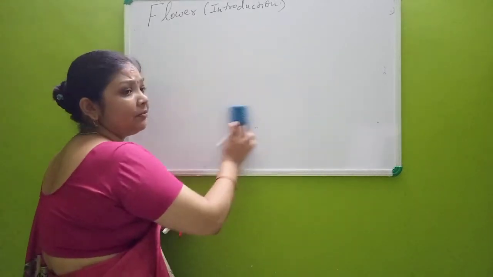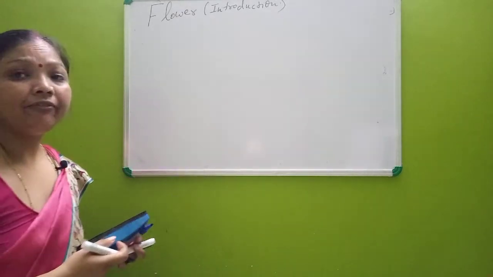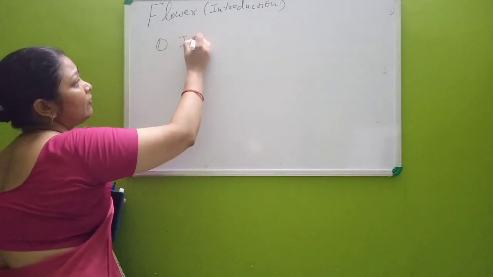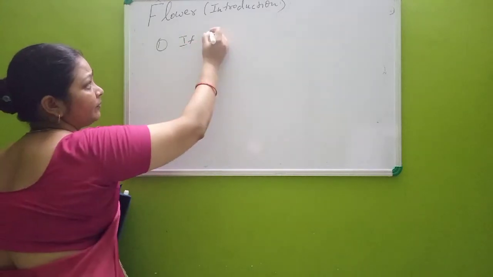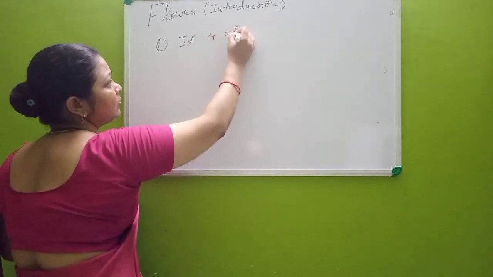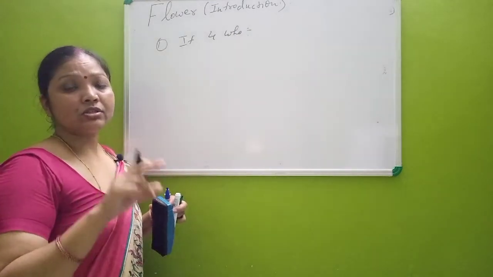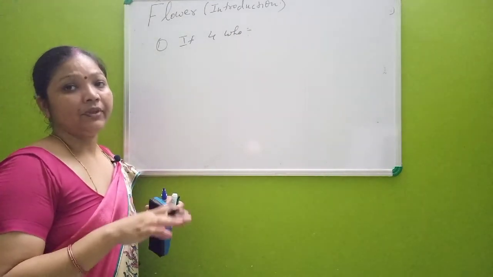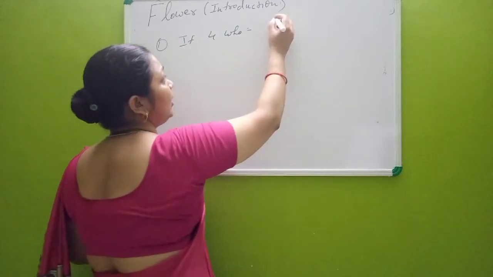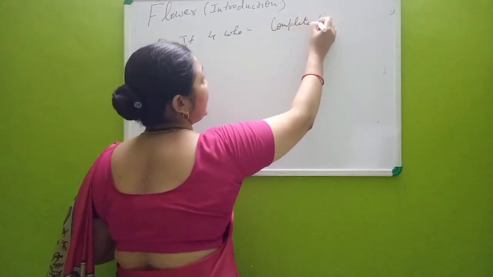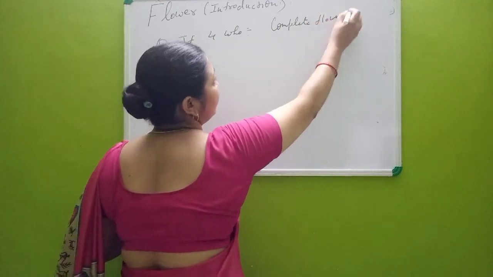Now the first term: if a flower has all the four whorls, that is calyx, corolla, androecium and gynoecium, then the flower is called a complete flower.